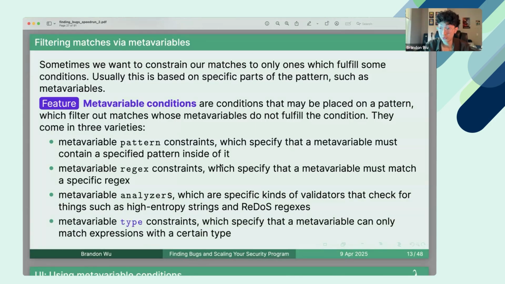And then this last one, which is really cool, is does the identifier matched by this meta variable have a particular type? This one's a bit different than the other ones because it's actually a bit more complex. This makes use of Semgrep secret sauce, some type inference information. Okay, these are the 4 kinds of meta variable constraints, and these are how we're going to filter out false positives, because we'll be able to enforce particular conditions about our meta variables.